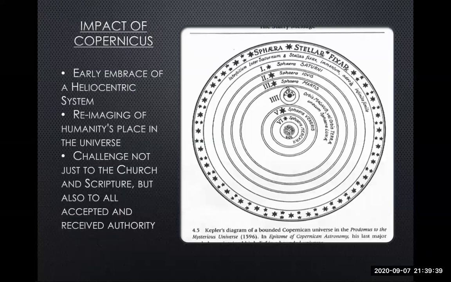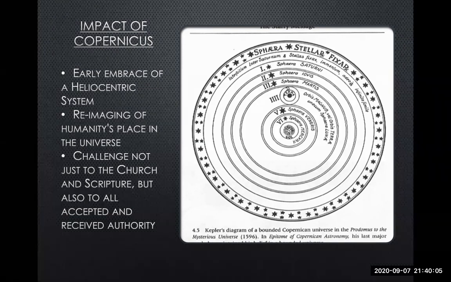That said, the impact of Copernicus is absolutely huge. He is the earliest embrace of a heliocentric system that we see in the Renaissance. And it does reimagine humanity's place in the universe. We're decentered. We're no longer at the exact center of the universe. We're just one planet more. And in doing so, he sets forth his challenge, not just to the church and scripture, but also to all accepted and received authority.